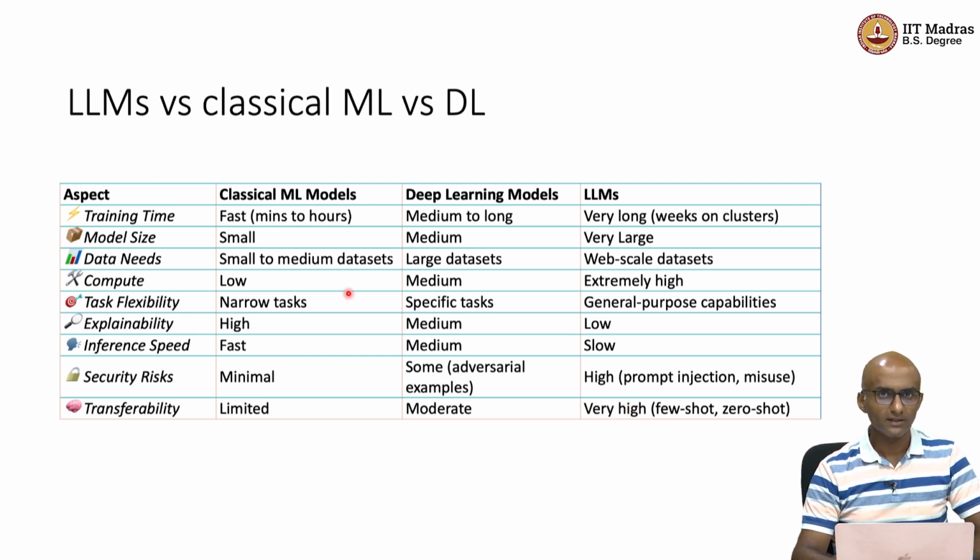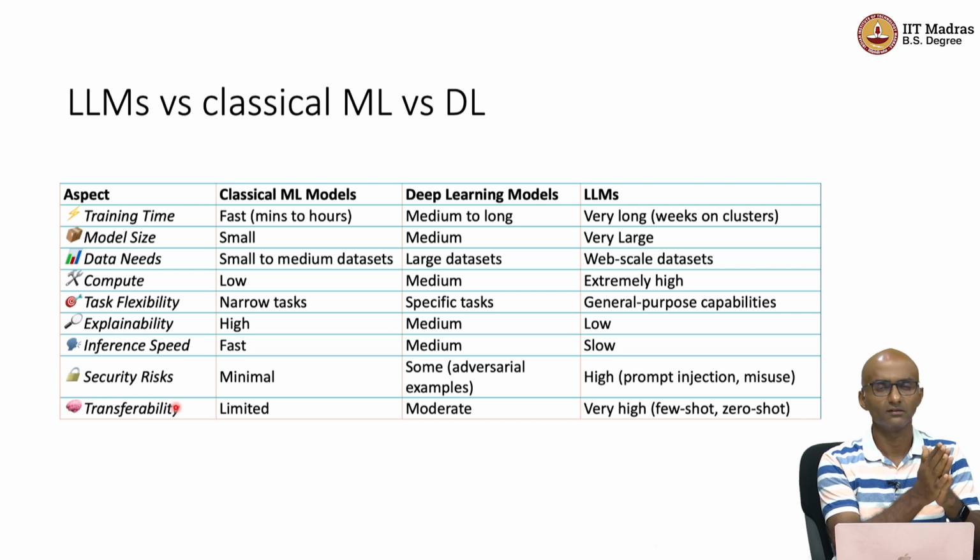And then transferability, meaning that once the model has been learned in a certain way, can I take that learning and apply it in a different context? So it's kind of like task flexibility, but it speaks about it from a perspective of development effort, not usage from an output perspective. So transferability of the code, transferability of the model itself is very poor for classical ML because it's geared towards a certain task, which is geared towards a certain data set.